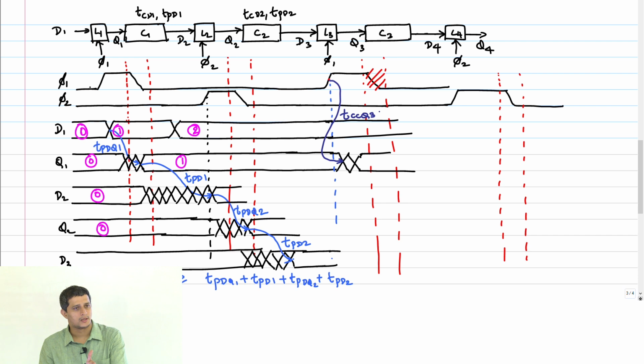Q1 changes, therefore what? No, Q3 changes, right? No, which one has changed? Oh yeah, sorry, Q1 has changed. So now D2 will change after the contamination delay. Correct? So now you see what happens here.